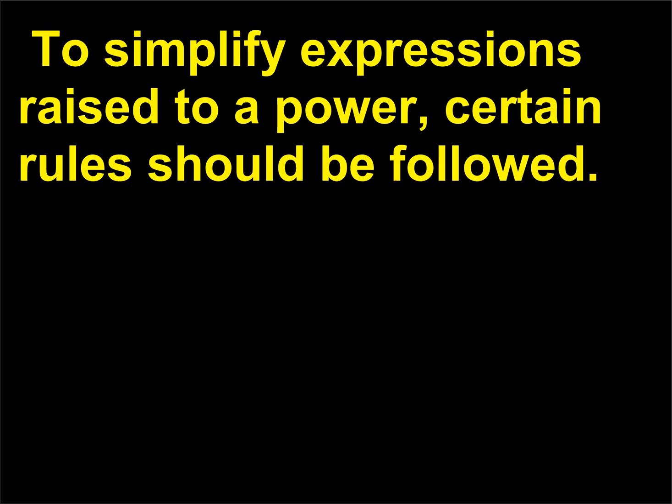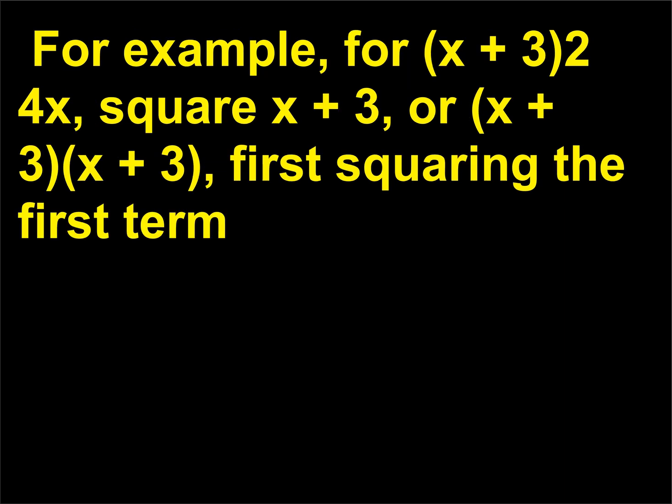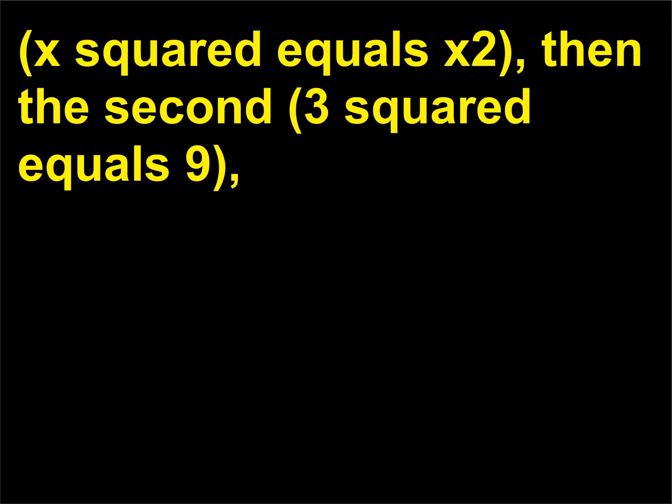To simplify expressions raised to a power, certain rules should be followed. For example, for (x plus 3) squared, or (x plus 3)(x plus 3), first square the first term, x squared equals x2, then the second, 3 squared equals 9.